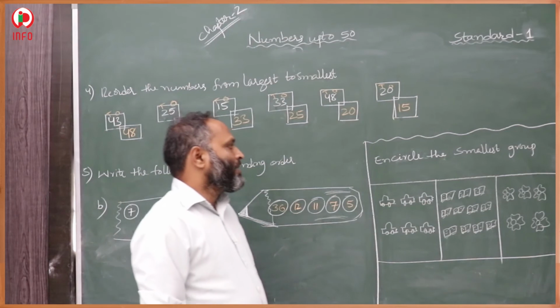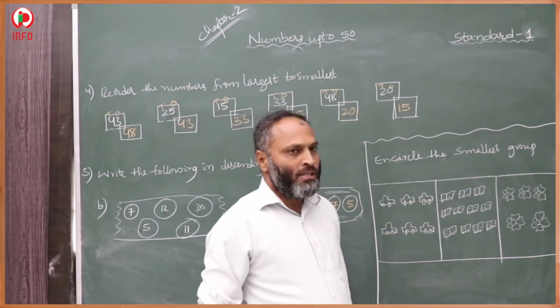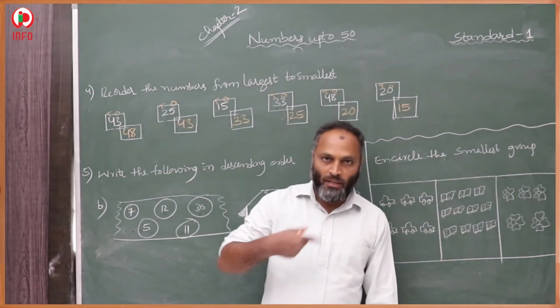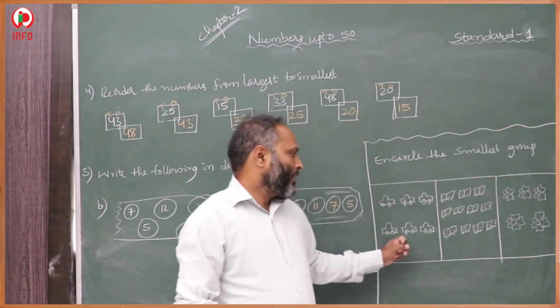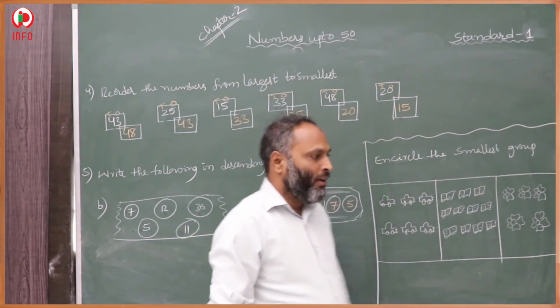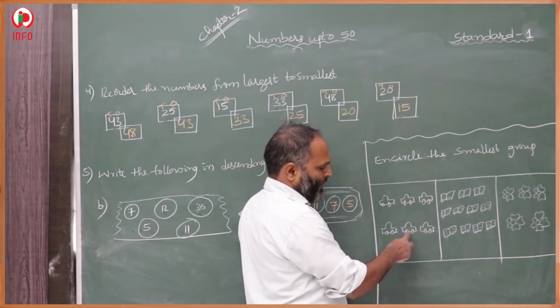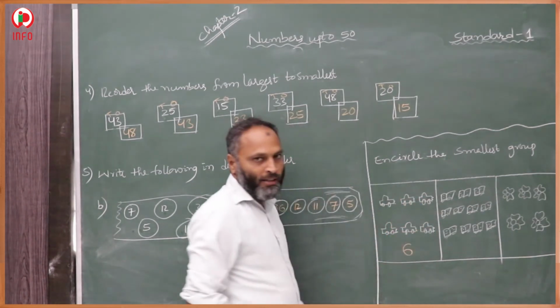In the next question, encircle the smallest group. We have to circle the smallest group. Here is the first group of pictures, second group, third group given. Number of cards: 1, 2, 3, 4, 5, 6. 6 cards are given here.